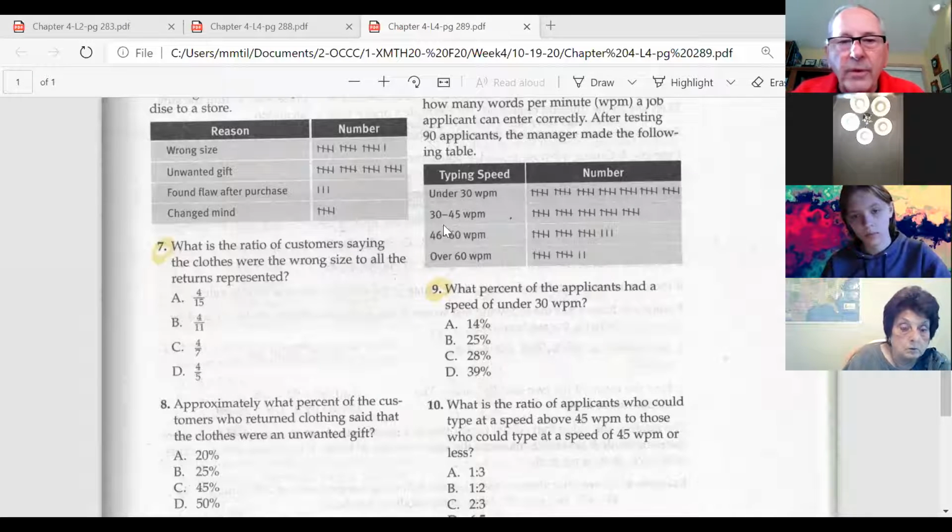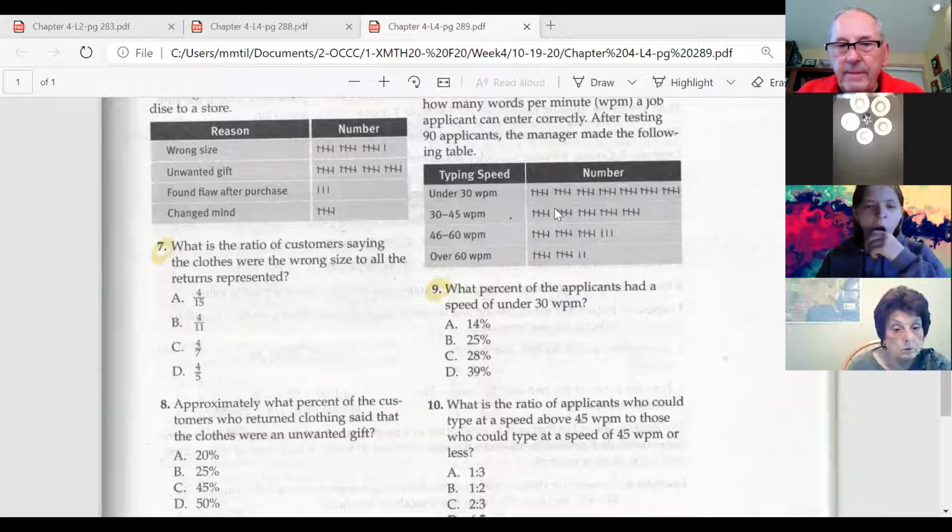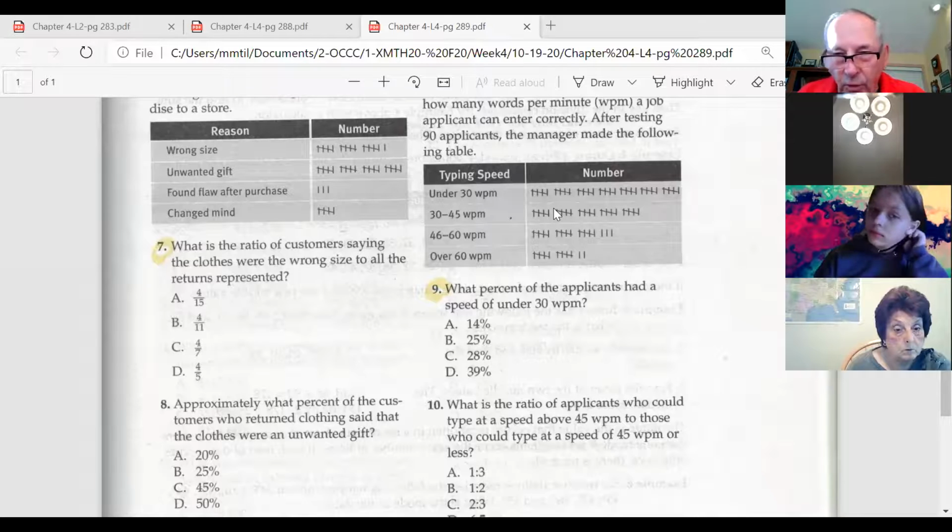All they're saying is what's the ratio of this third and fourth group to the first and second group. You have to read each one because they're all a little different. It's not to the total; it's one group to the other. Again, just by reading it.